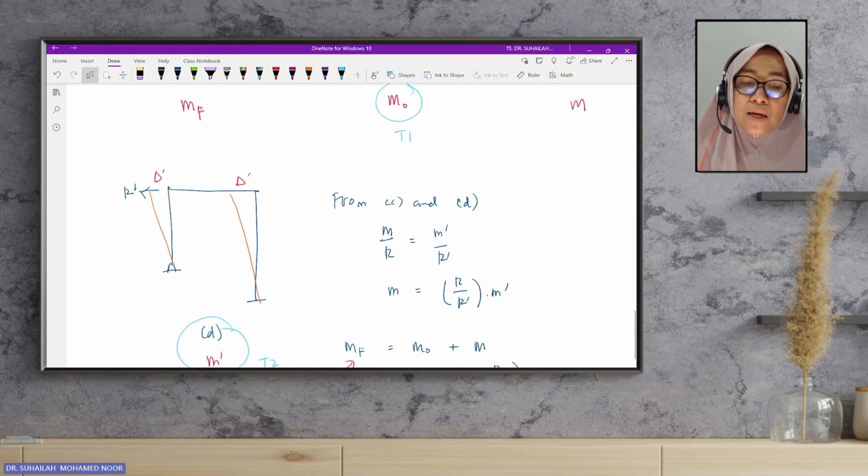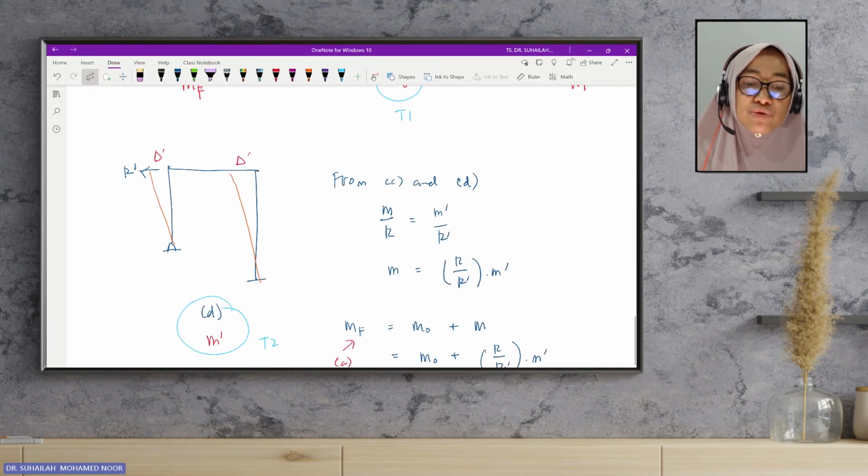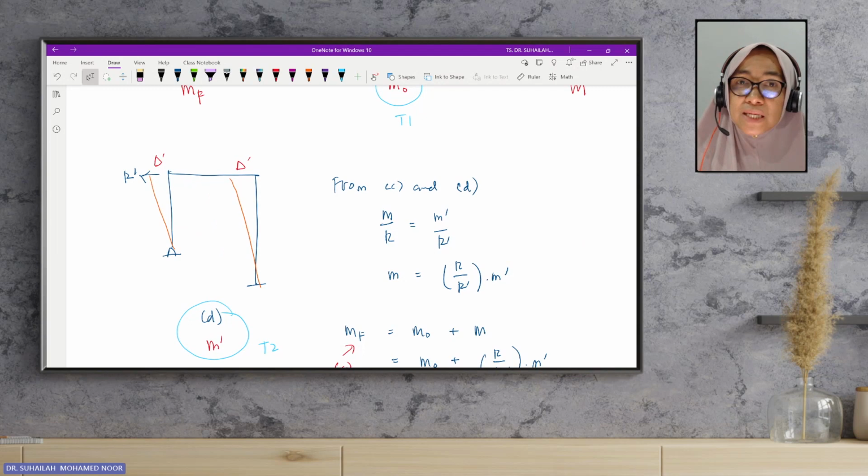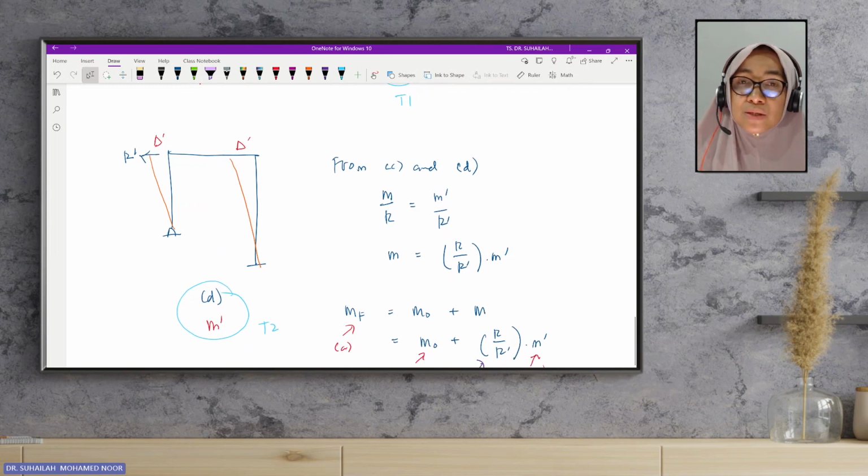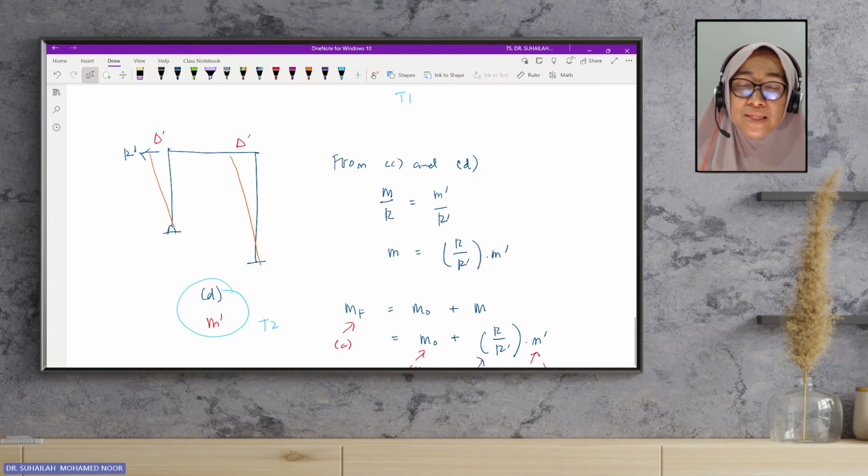Indirectly, we introduce another diagram. It is called D. It is also a sidesway frame, but we use all prime symbols. So this one we can assume. So we modify back at the end by comparing C and D, and we get M is equal to R divided by R prime times M prime.